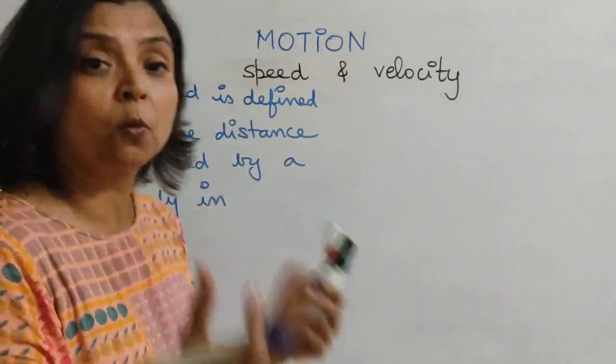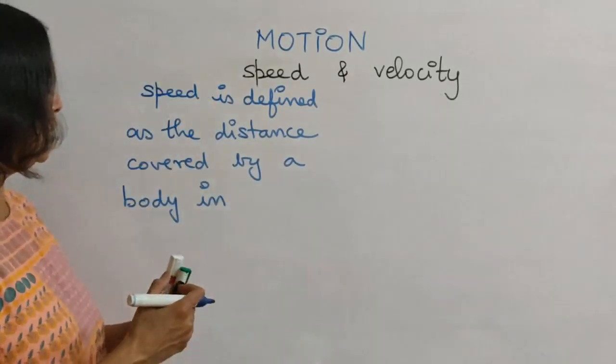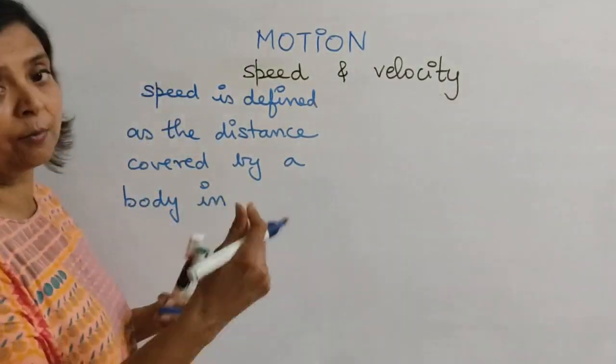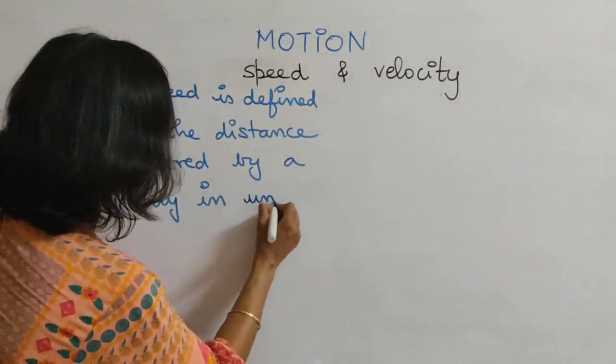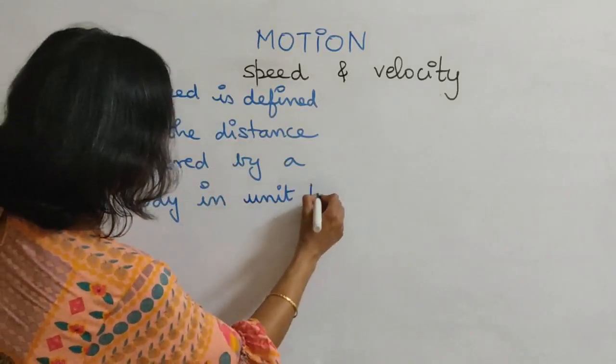Unit time because we always express it as 60 kilometers per hour, or 2 meters per second. Okay, so per hour, per second, per minute in unit. Per means unit, right? Unit time.